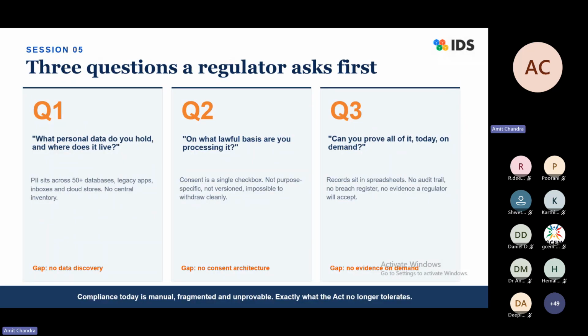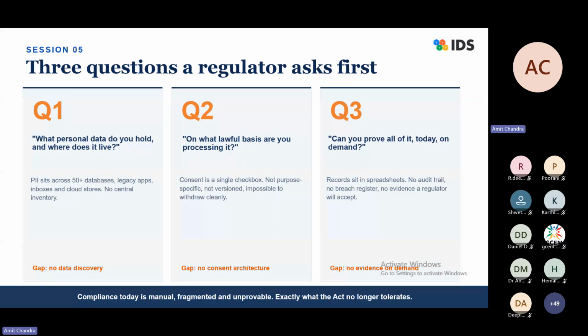The first is what personal data do you hold and where does it live? It means that they can ask you to please list down what are the servers in which the personal data are residing, whether it is file system, database, or any kind of cloud, whether it is anywhere, they will ask you and you have to provide the detail.